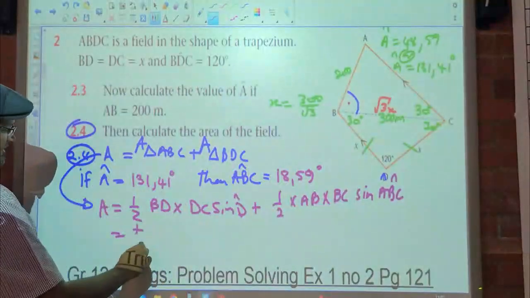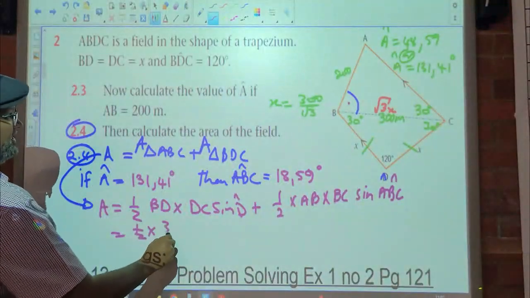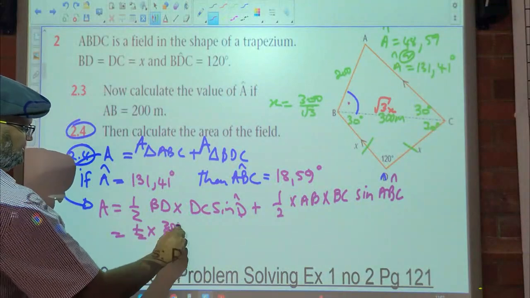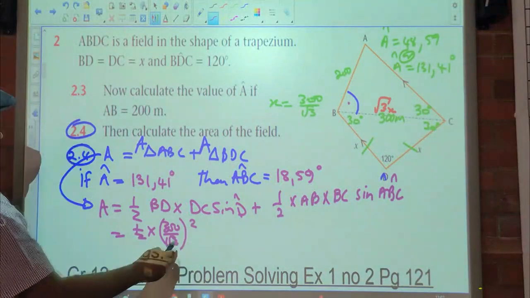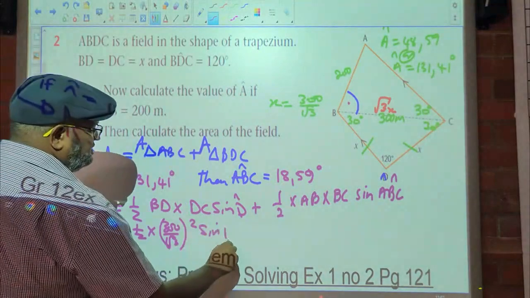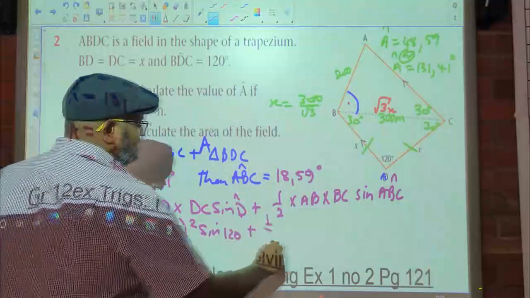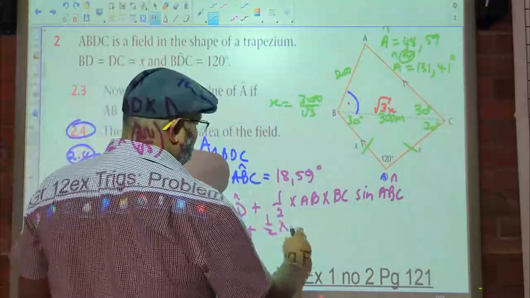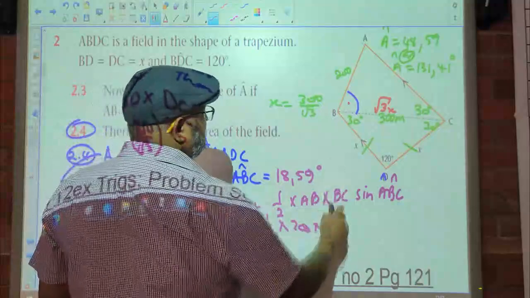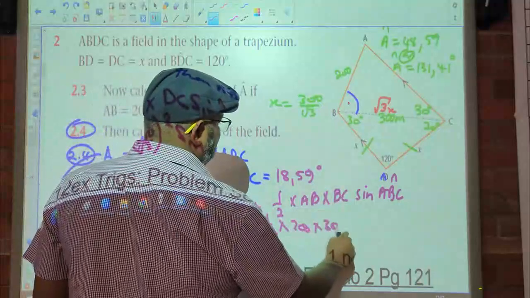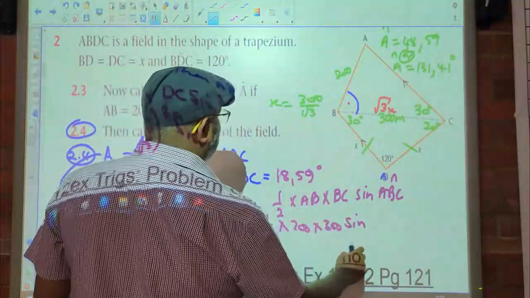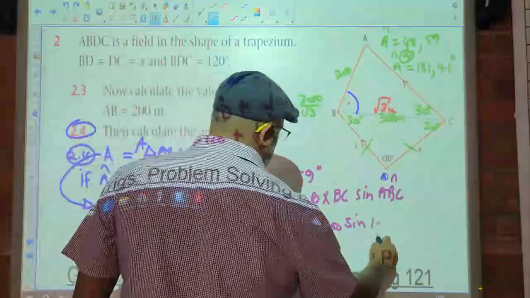So it's going to give me again half times 300 over root 3 times 300 over root 3 sine of 120, plus half AB, which is 200, times BC, which is 300, sine of 18.59.